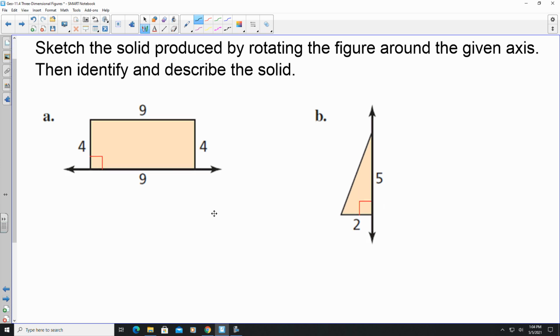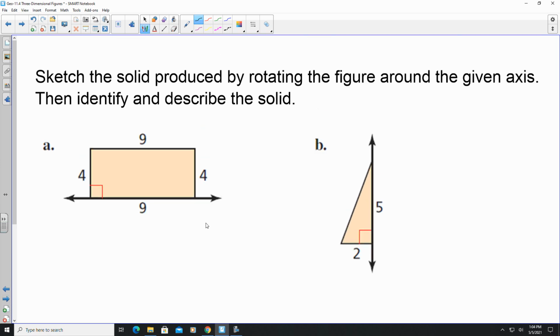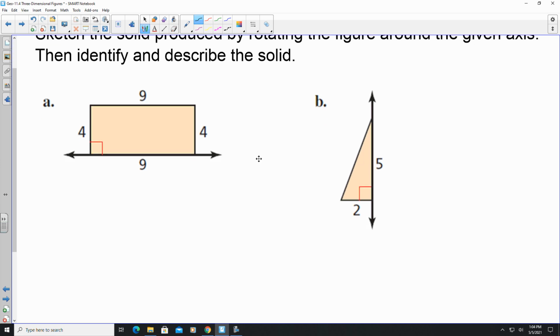All right, so what is going to be happening here is you are going to be able to create a shape from this given axis. So here we have this axis, and if you were to wrap this around, the shape that you're going to get is going to be a cylinder.